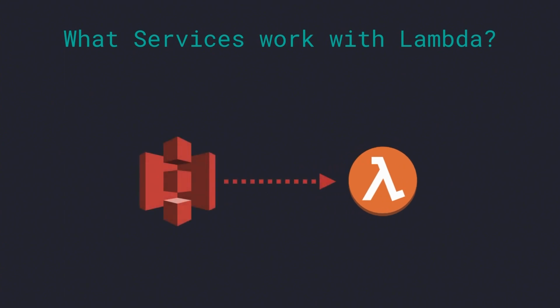So you have options available like triggering a Lambda every time a file appears in S3 or it gets deleted. API Gateway is one of the most popular ways of tying together Lambda and creating a serverless application. You can create an HTTP API that has Lambda on the back end, so every time you make a request to it, you're able to process those requests and go perform actions.